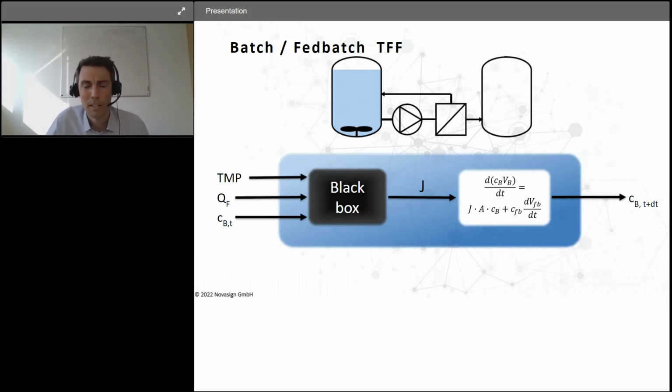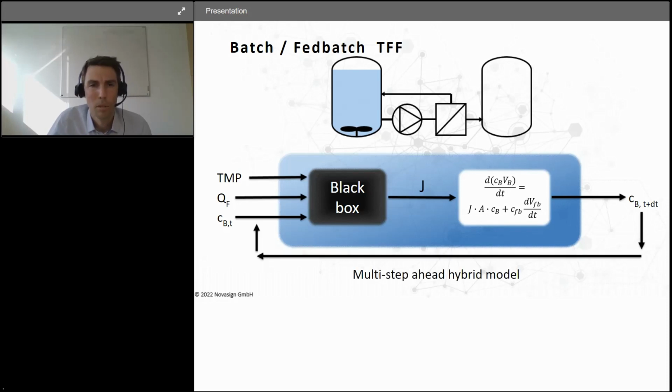Based on this mass balance, a new concentration was predicted after a certain time interval, and then we take this new concentration and put it back into the iterative loop. By doing so, you can get a multi-step ahead prediction, and you can predict the duration of the process or the outcome of this process, depending on your input parameters. This is a very simple but clever structure in order to model such a process.